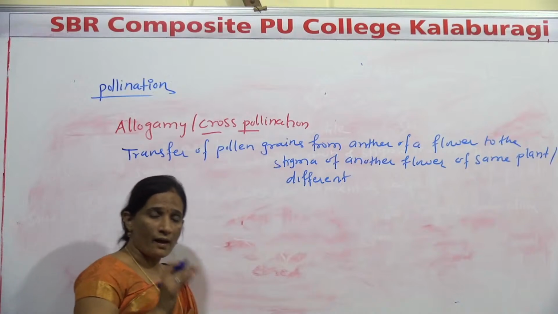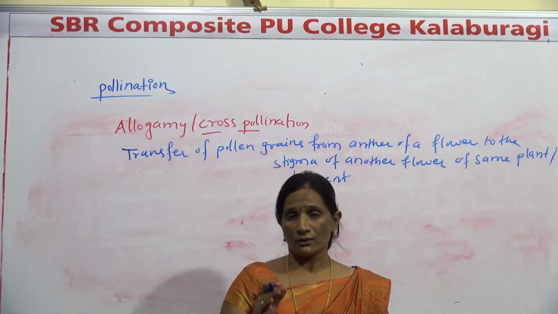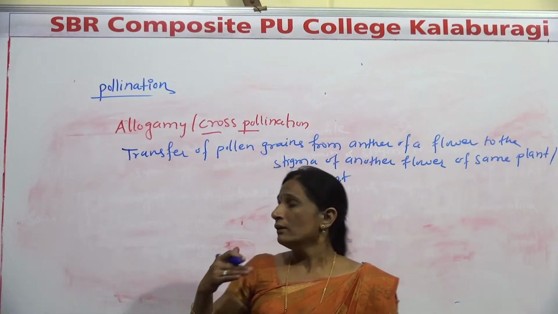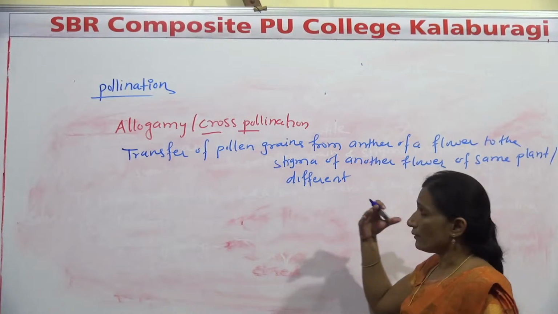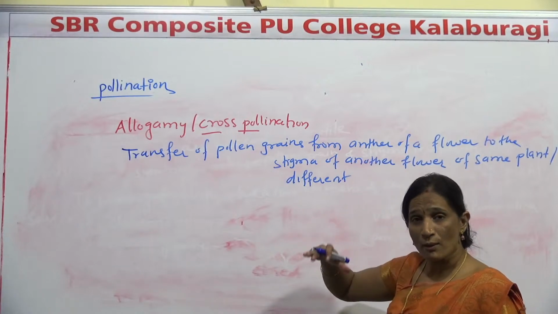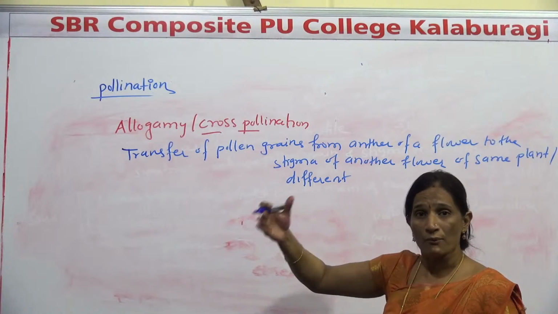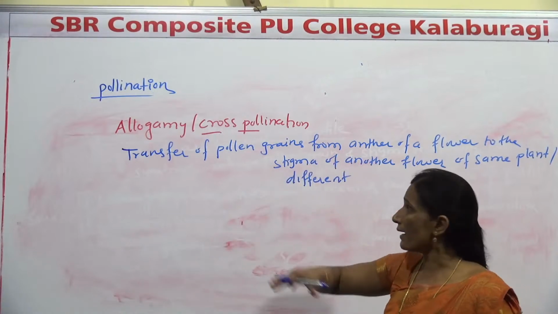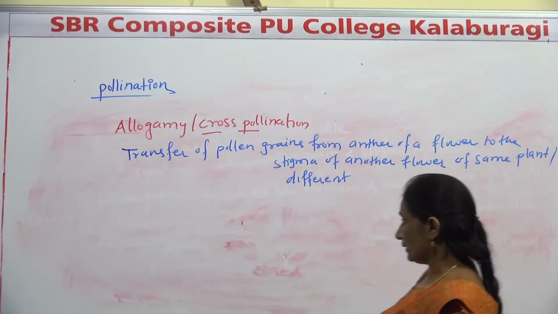Is it clear? Transfer of pollen grains from the anther of a flower to the stigma of another flower of the same plant or different plant is called allogamy or cross pollination.